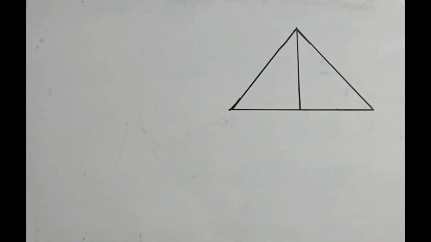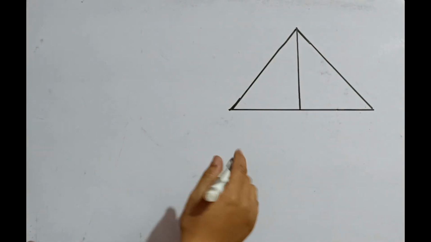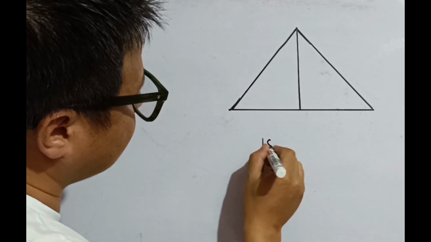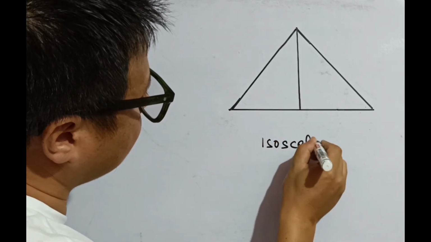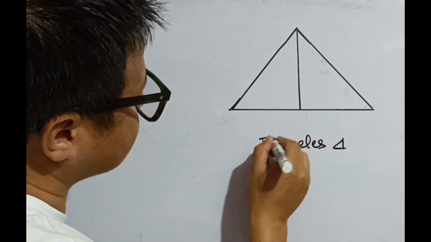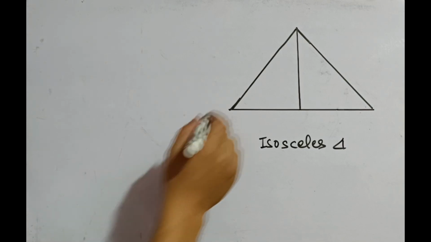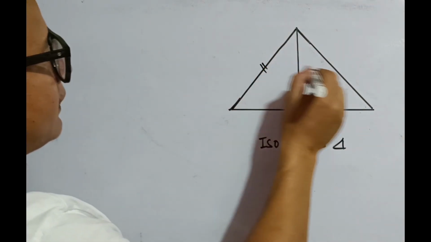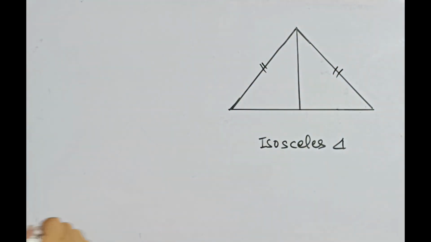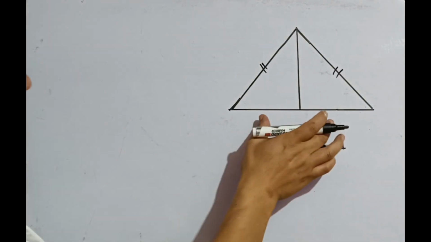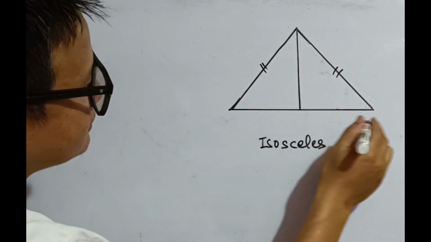Here I have drawn a figure of the given isosceles triangle. Let us suppose that these two sides are equal, because in an isosceles triangle the two sides are equal, and this is the base.